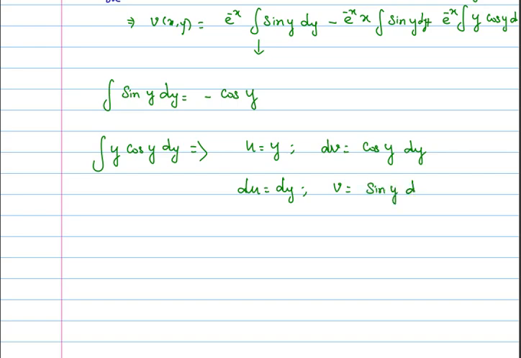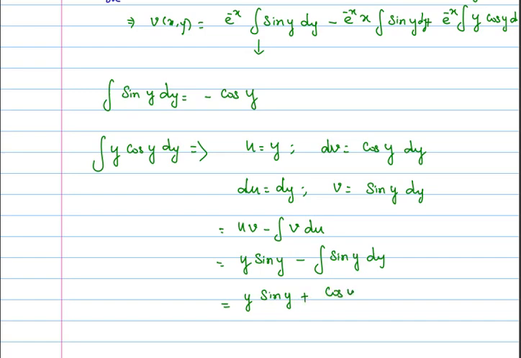The formula is uv minus the integral of v du. So u is y, v is sin y, minus the integral of sin y dy. The integration of sin y is minus cos y, so this minus becomes plus: y sin y plus cos y.